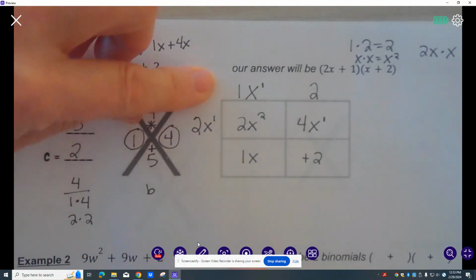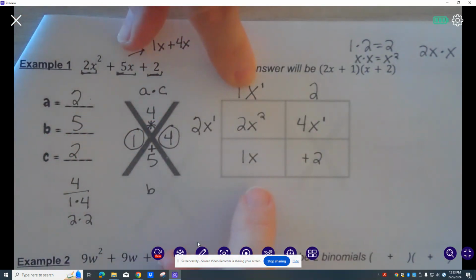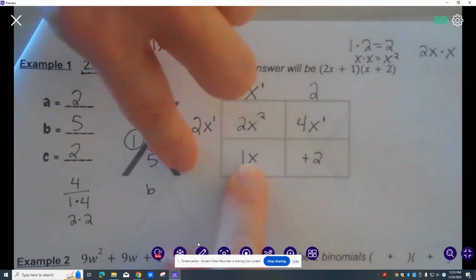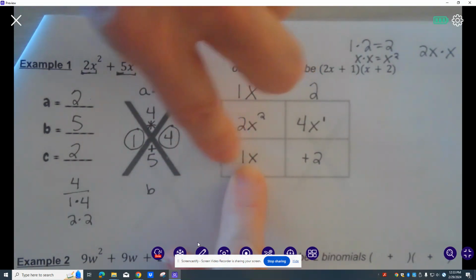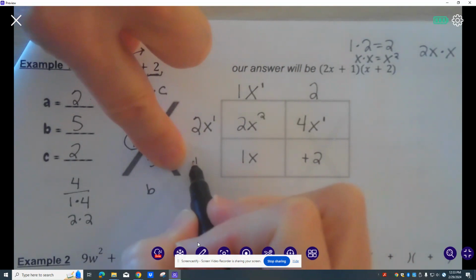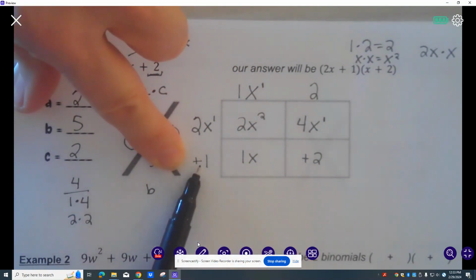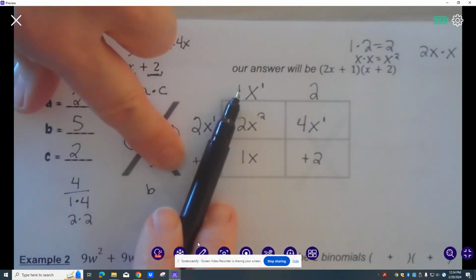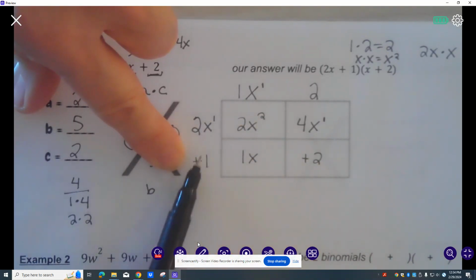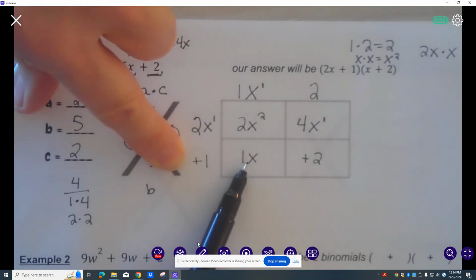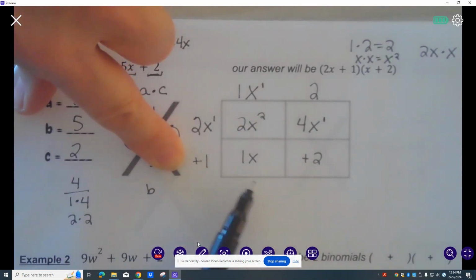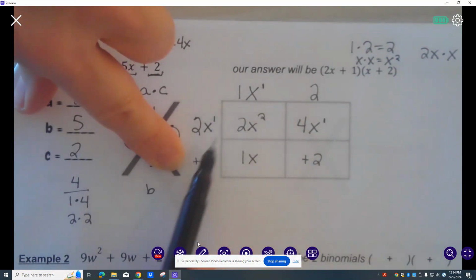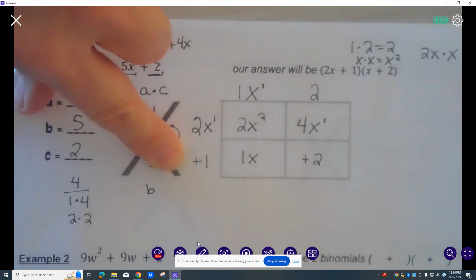Here's what I'm going to think. I know I have a 1x here and a 1x here. Well, 1x times what number will get me 1x? Well, that's just 1, or positive 1. Because if you multiply 1 by anything, 1 times 1x is going to be 1x. 1 times 7 is going to be 7. So 1x times 1 will get me 1x.